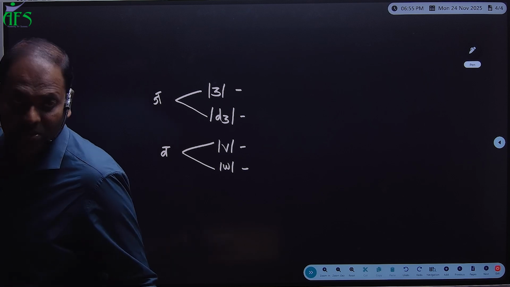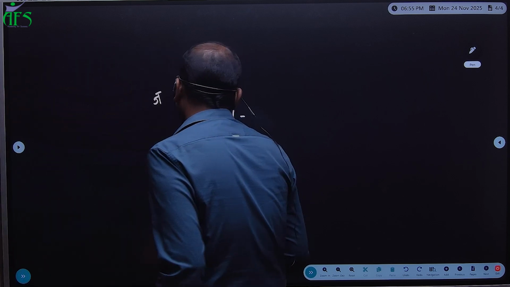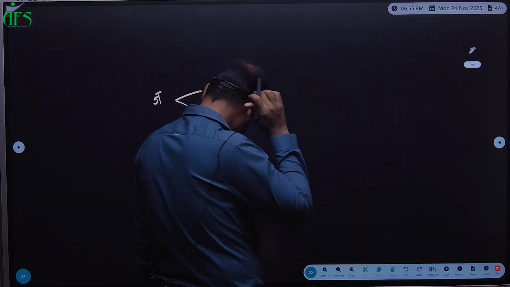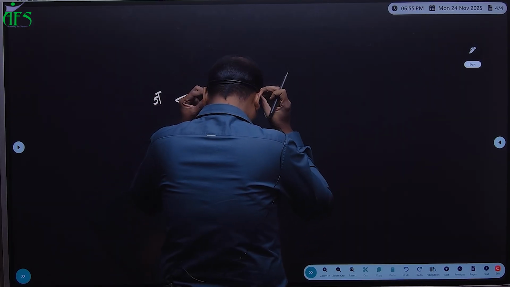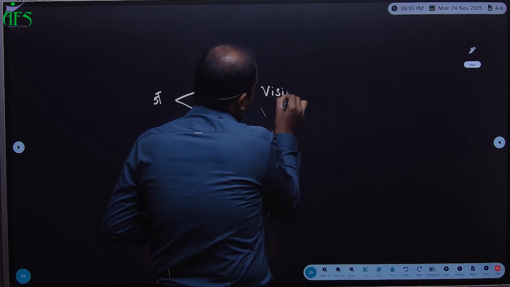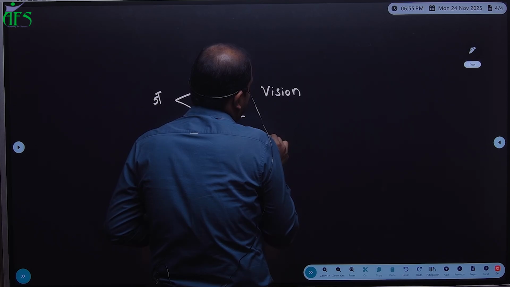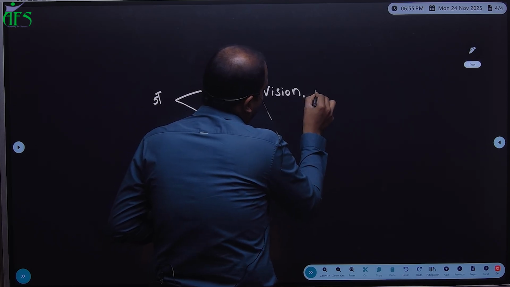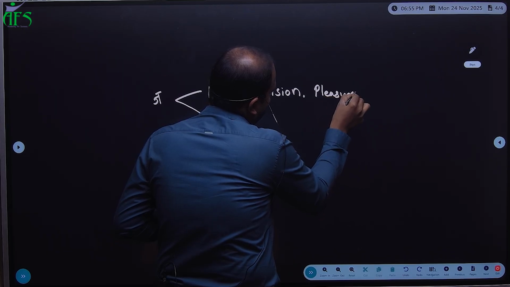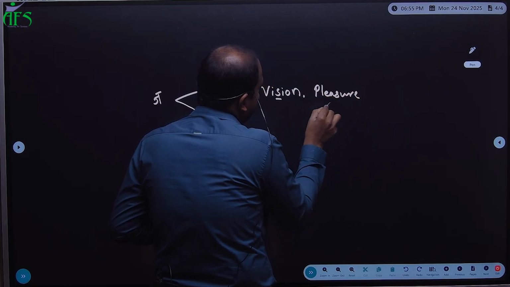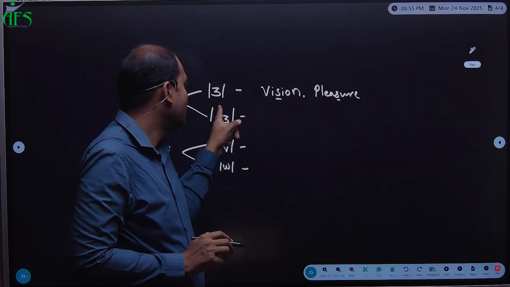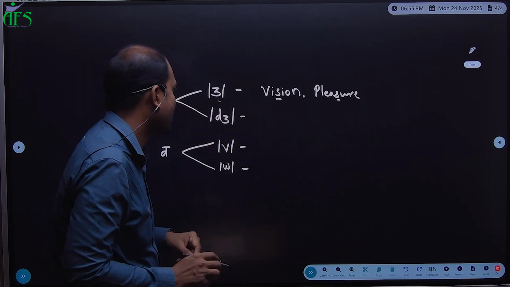That first j is usually in words like vision, pleasure. Whenever s is uttered as zh, this sound will be there.